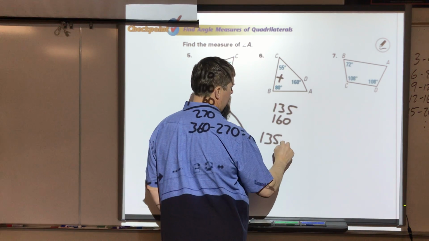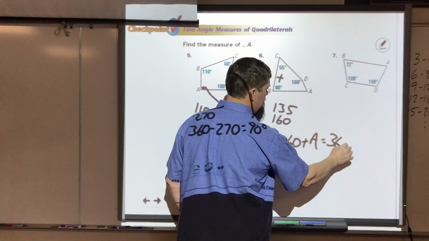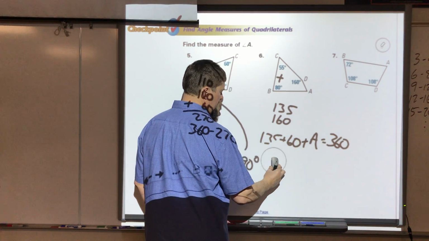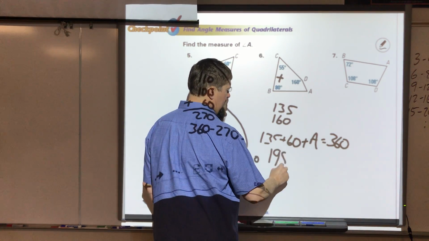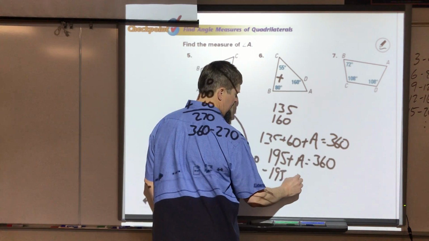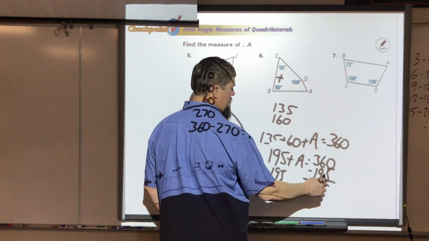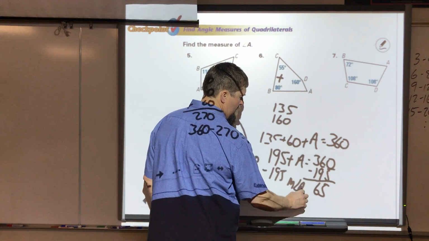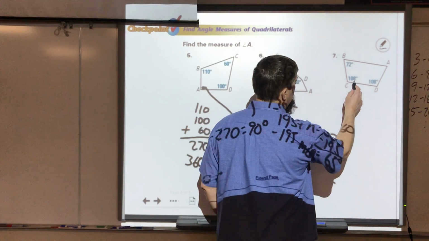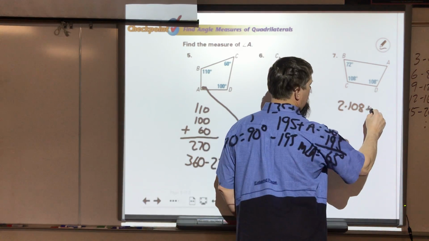So 135 plus 160 plus this angle A equals 360. 195 plus A equals 360, minus 195 is 65. So angle A equals 65 degrees.